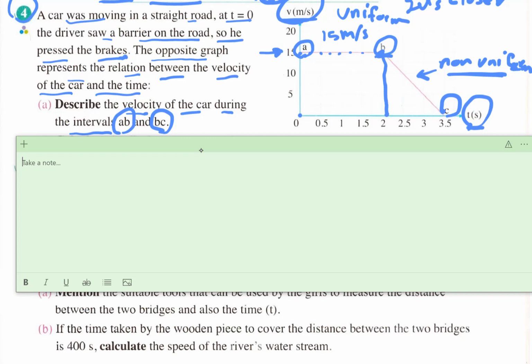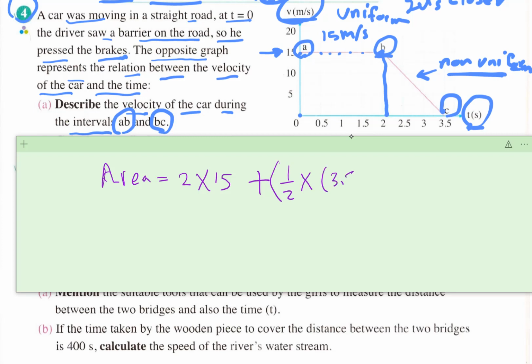How to get the area of it? The area equals height times base. So from 0 to 2, 2 times 15, plus the area of this triangle, half the base, from 2 to 3.5, 3.5 minus 2, times the height, 15.